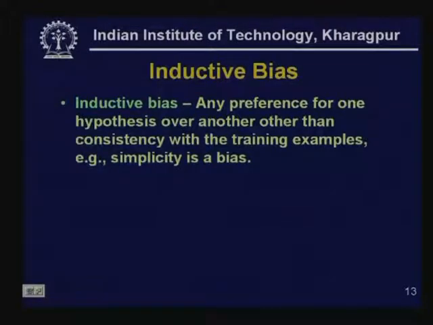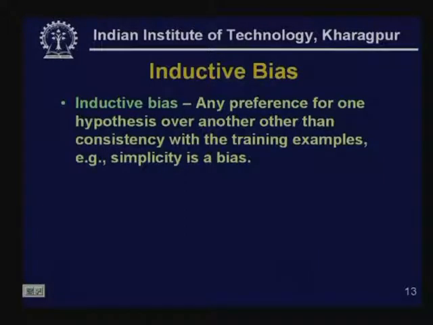And also, as we discussed a little bit in the last class, now you are given a set of training examples. On the basis of the set of training examples, you want to learn a hypothesis. Now, there could be several competing hypotheses. What is the basis on which you decide which of these hypotheses to choose?